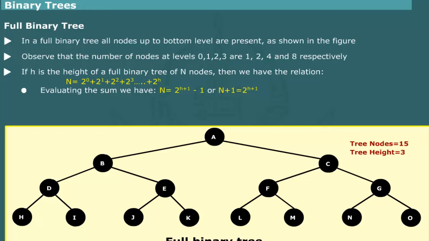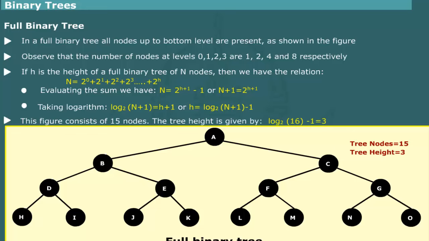If n is the number of nodes, then by evaluating the sum we have the formula, or after some simplification and taking logarithms of both sides, we can express the tree height in terms of the number of nodes as, for example, the full tree in the figure consists of 15 nodes. The height of the tree is 3.